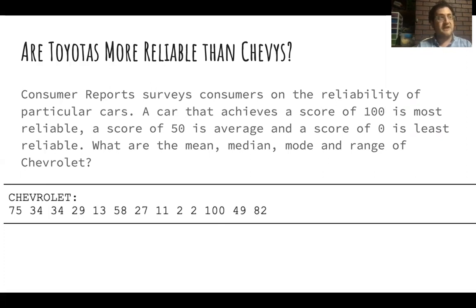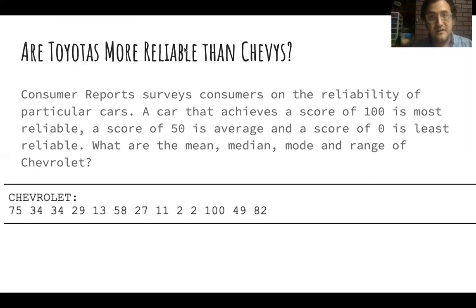So a 0 is the least reliable vehicle in the survey. A 50 is a car that's kind of right in the middle in terms of reliability. And then the 100 is going to be the most reliable car. And the common wisdom is that a Toyota is more reliable than a Chevy, but let's actually see and size everything up here.